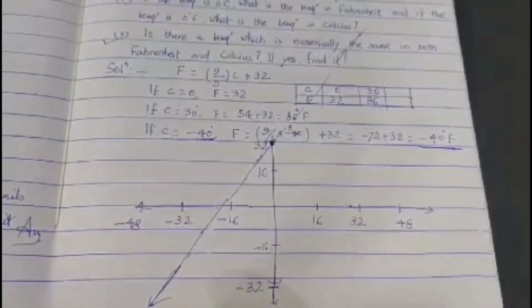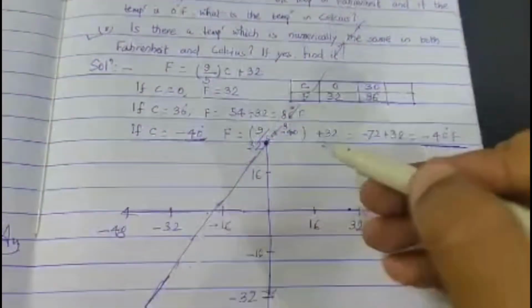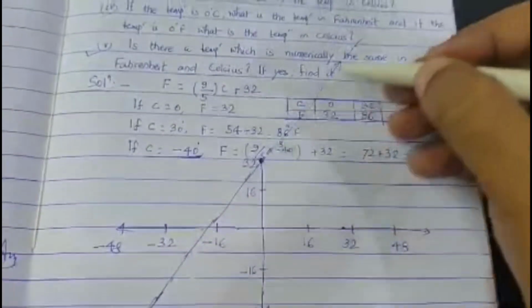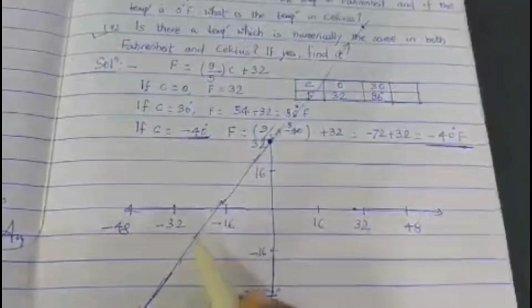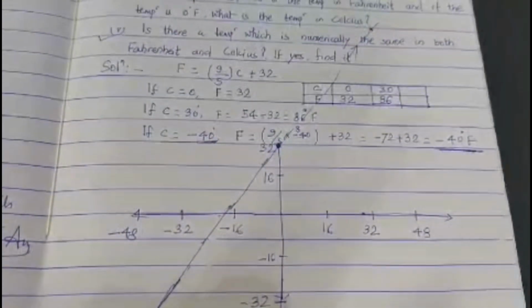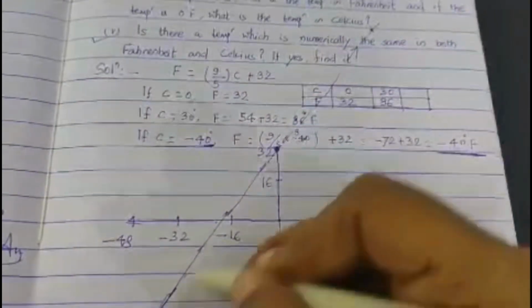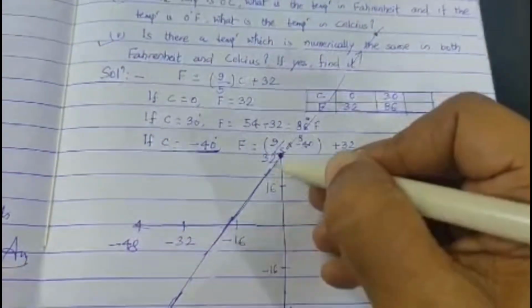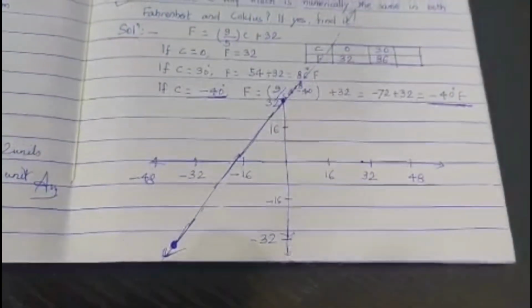If you take some smaller values, then you would not have to go up to this portion. So you can take a point like minus 40, minus 40. Suppose this was a point, minus 40, minus 40, then it's also okay. It will go like this. Okay, so this is the required graph.